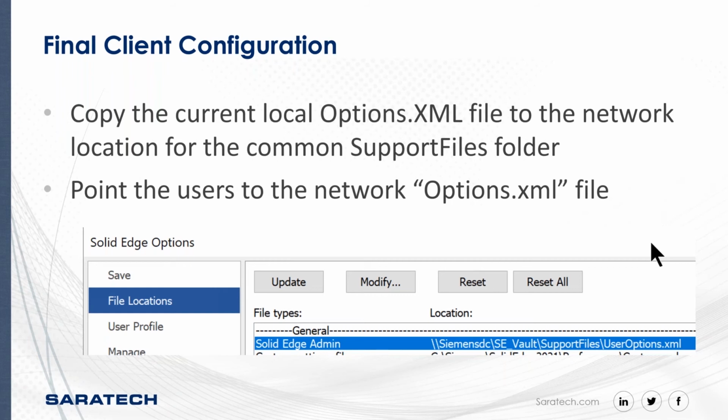Once we copy that to the server, we can point to it on each workstation. When we point to that file on the workstation, it sets all the other options here in this file locations. So everything that's set inside here, you do that one time, and you can point to it for each of the computers that you set up with Solid Edge, and then everybody will have the same folder structure, the same options underneath this file locations folder.